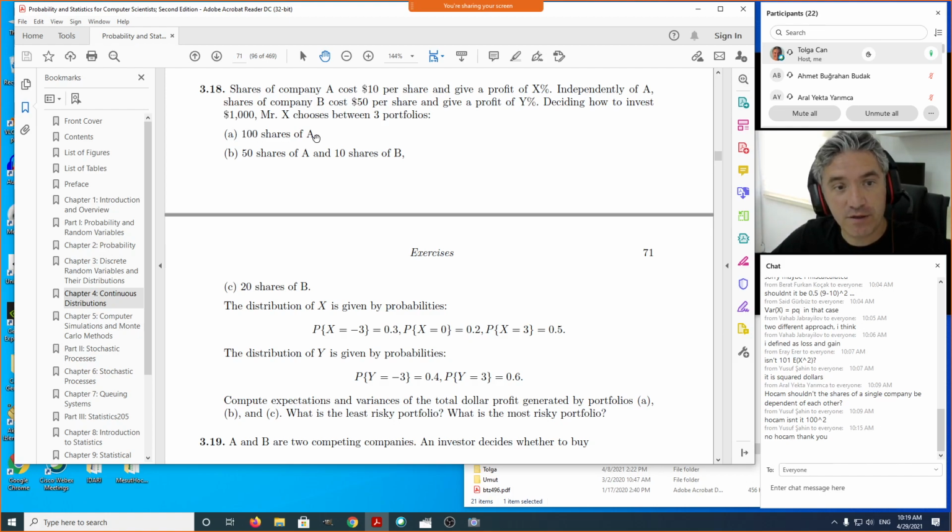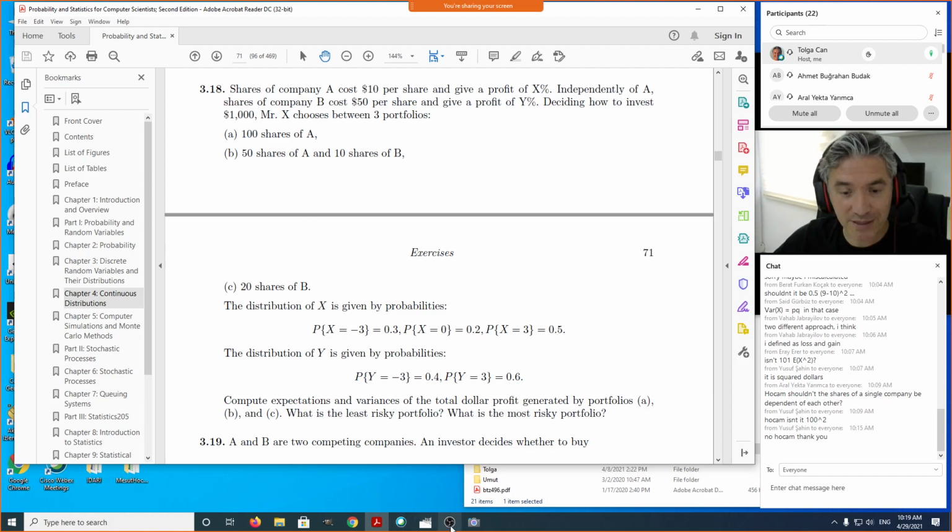Independent of whether you have 100 shares of A or not, you have a fixed way to invest $1,000. Your gain here, with 0.2 probability, you have no gain. With 0.3 probability, you have a loss of $30, and with 0.5 probability, you have a gain of $30.